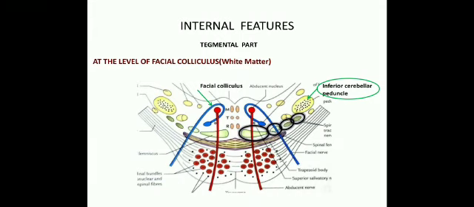After forming the loop, it continues down as the facial nerve. This loop is responsible for the elevation called the facial colliculus, which we can see in the floor of the fourth ventricle.